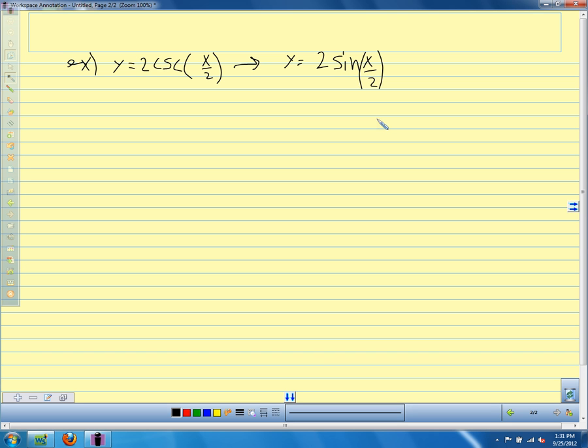So let's pick out our numbers. Our amplitude A is 2. B is going to be what for this function? 1/2. So the period is 2 pi over 1/2, which equals what? 4 pi. Yes.